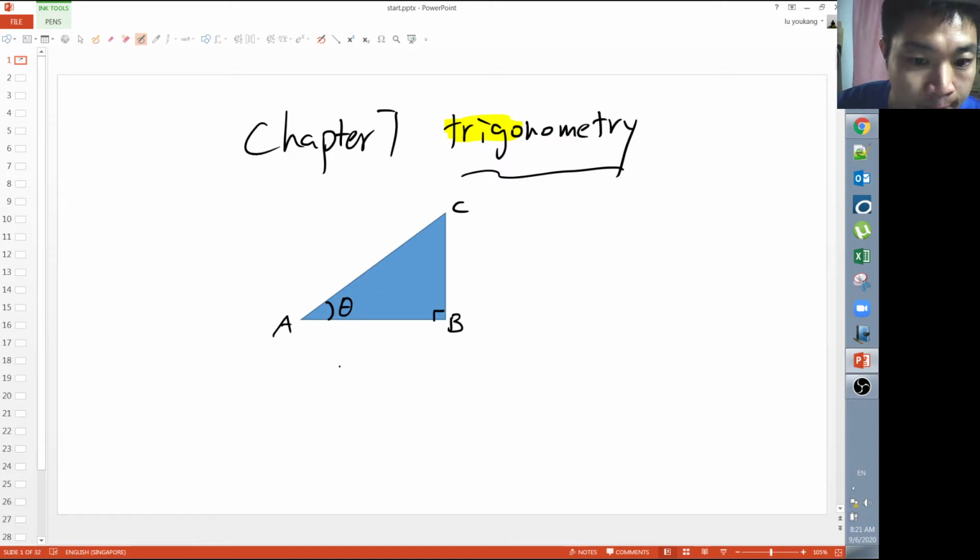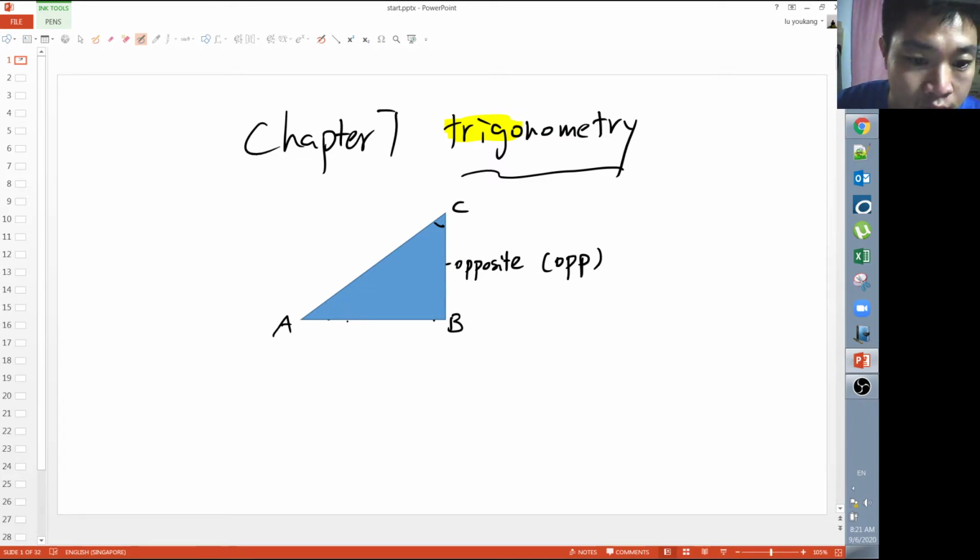Okay, and this is the next angle besides this right angle here and your angle theta here. And if you have this angle theta here, this side here is called the opposite side, OPP in short.